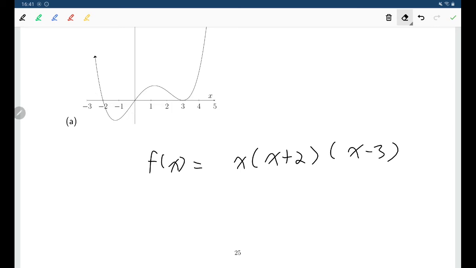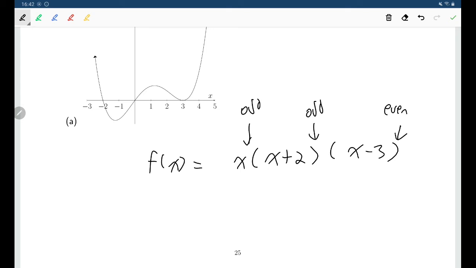And then now we have to think about the fact that, for these x-intercepts, some of them we're crossing. We're crossing the x-axis at -2 and at 0, but at one of them we're touching. We're touching the x-axis at 3. That means the powers on these factors need to be odd, and the power on this factor needs to be even.